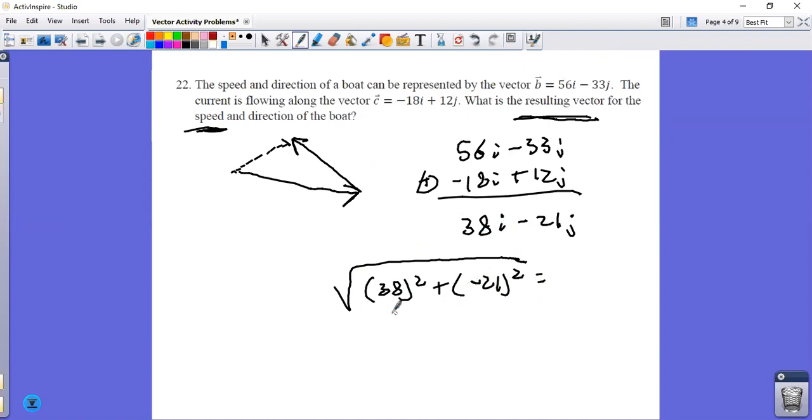So I wouldn't even put that in the calculator. I would just either on Desmos or in your own calculator, it's the square root of 38 squared plus 21 squared, 43.4. So either that's miles per hour or feet per second. I don't know what it is, but that would be the speed.